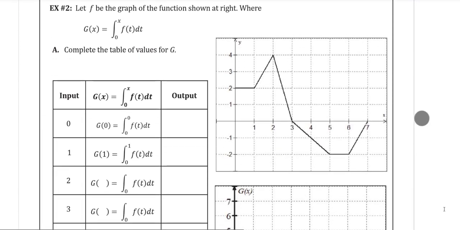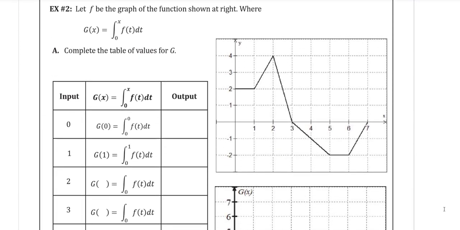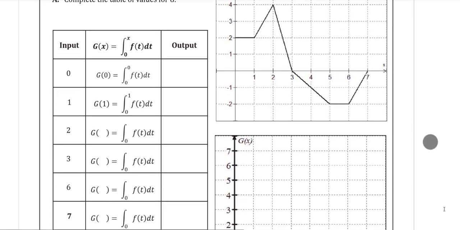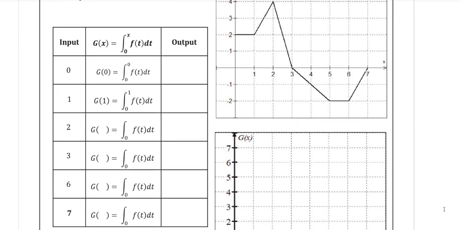Okay, so next example. What we have here is f is the graph of the function shown at right, where capital G of x is the integral from 0 to x of f of t dt. So we are to complete this table. I think that's the whole table.